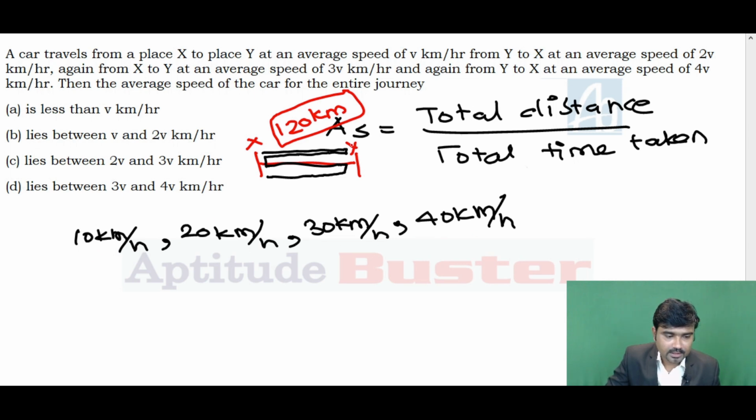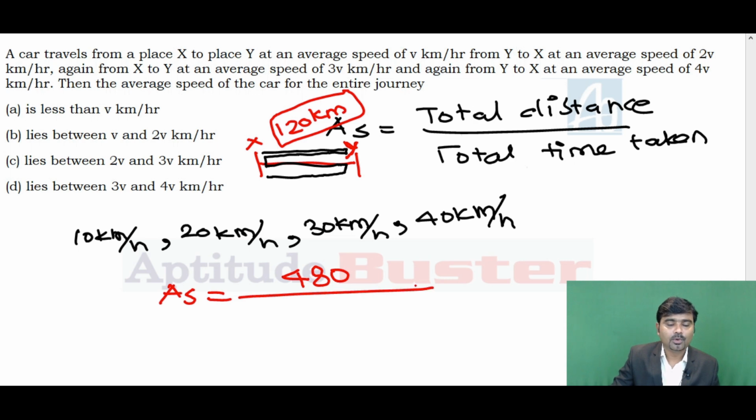X and Y, the distance from X to Y is 120. Here, what's the total distance? X to Y, Y to X, X to Y, Y to X. Totally 480 km. Average speed equals total distance, which is 480 km. Please don't make a mistake here. Don't write 120.